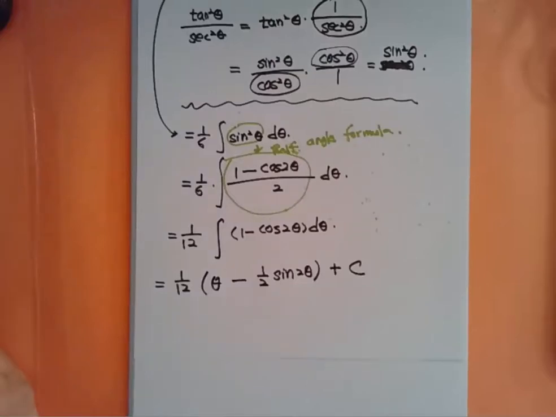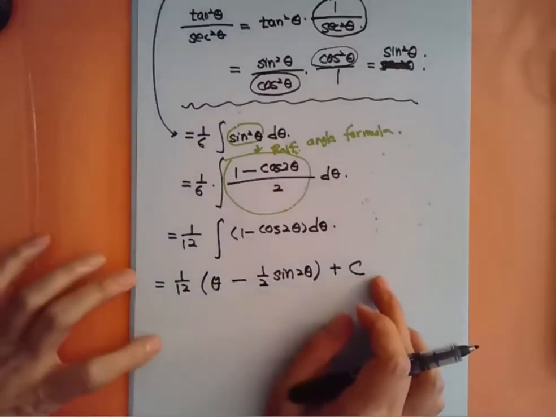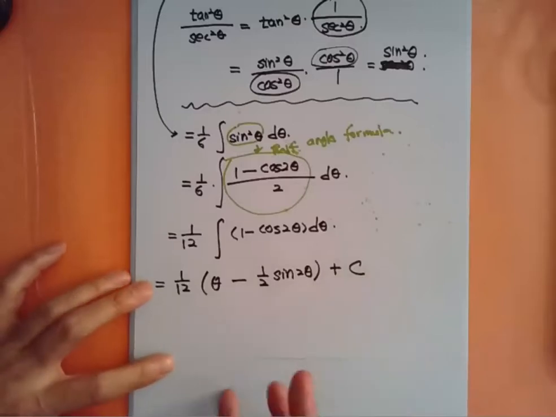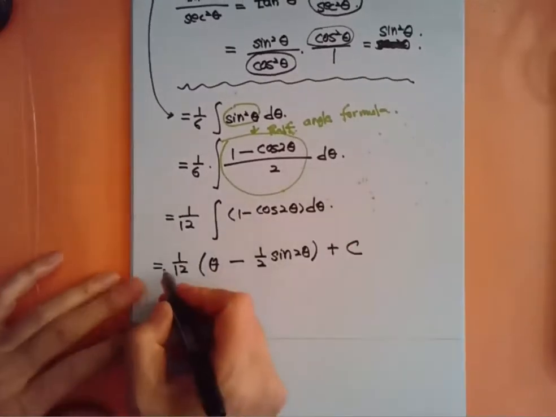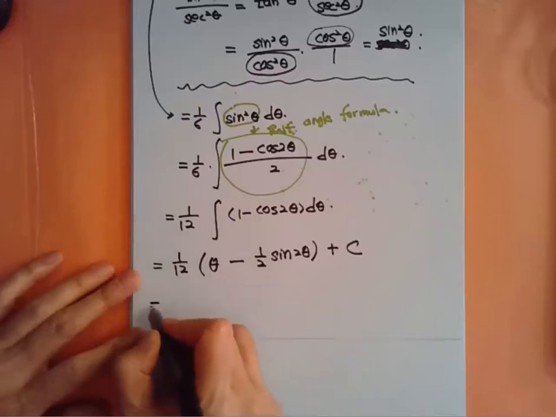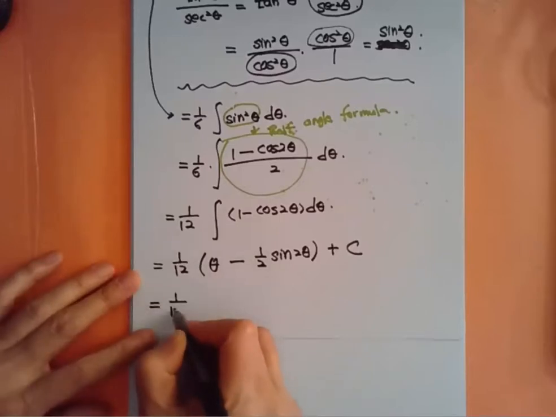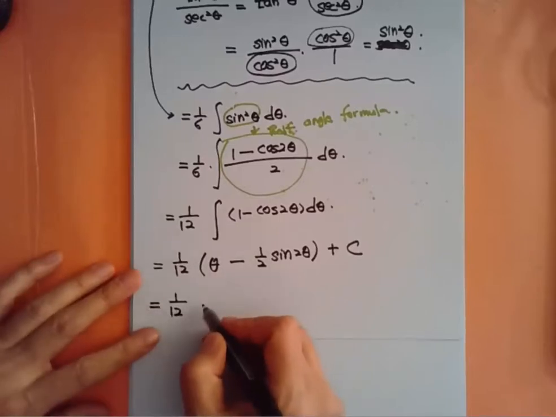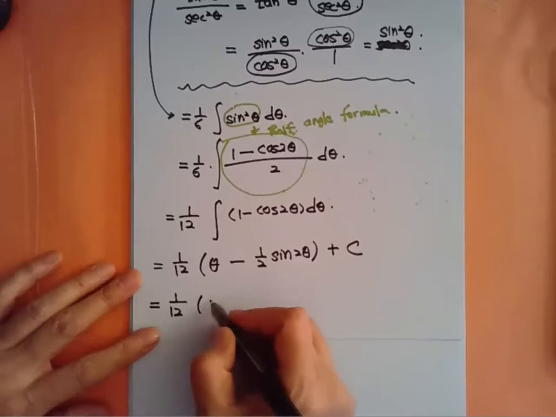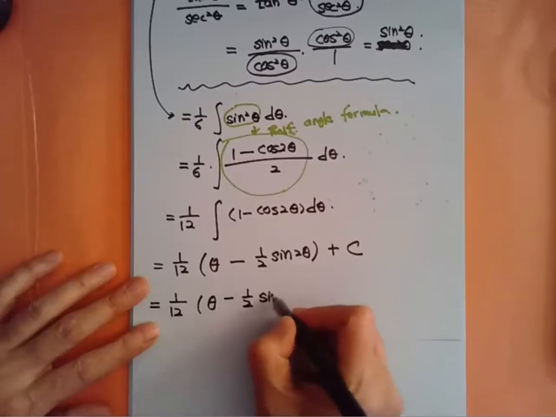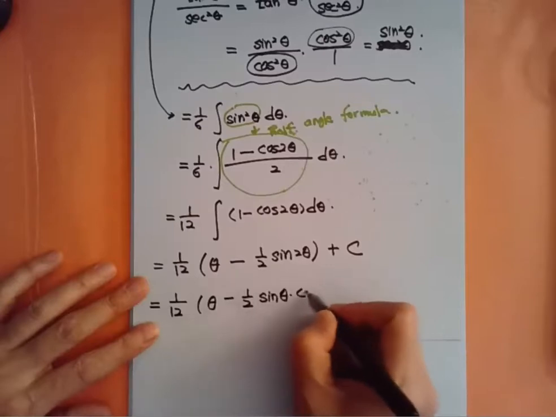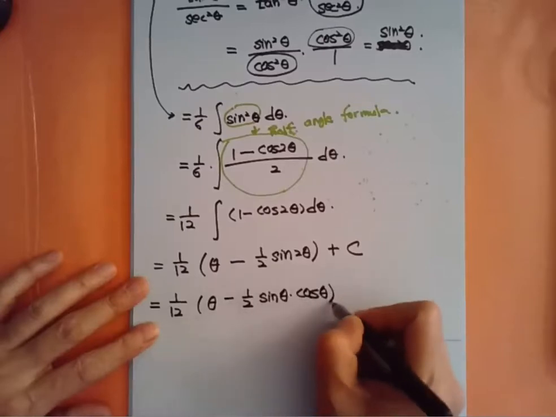So we have to recover the original variable, which means the final expression must be something to do with x, not theta. So what I will do will be, I will use the double angle formula. So 1/12 times theta minus 1/2 sine of 2 theta is sine theta times cosine theta plus c.